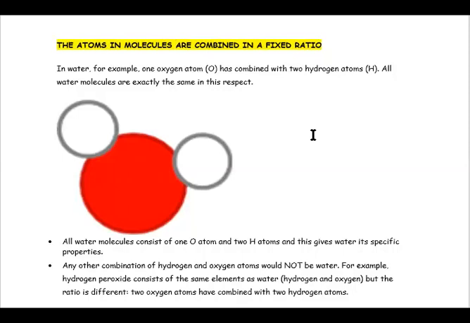You're never going to find a water molecule that has two oxygen atoms and one hydrogen atom. Then you're going to get a totally different substance, it may even be a poisonous substance. But if you bond exactly two hydrogen atoms and one oxygen atom, you're going to get water. If you do not put it in this ratio, then you're not going to get water.